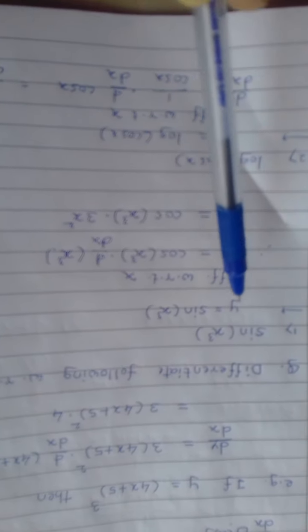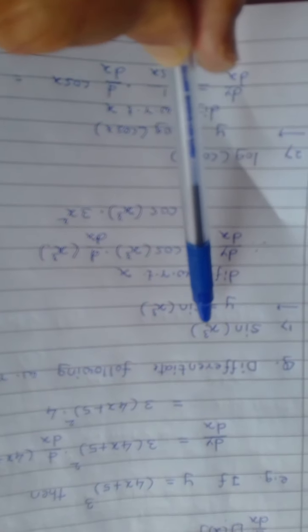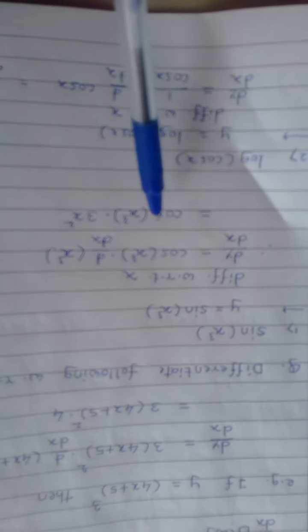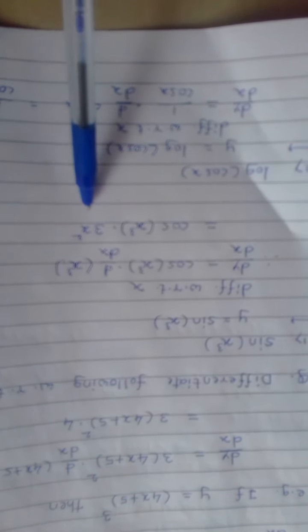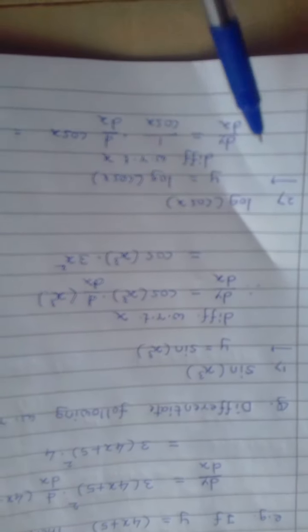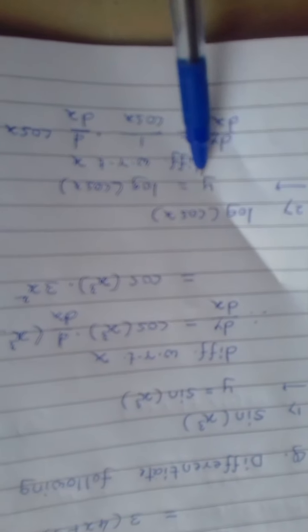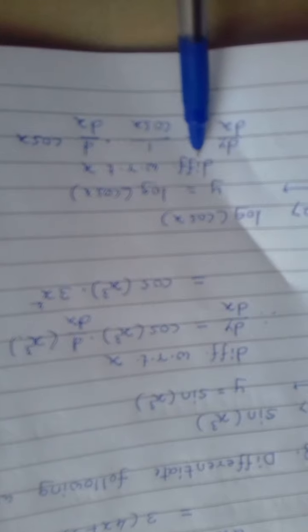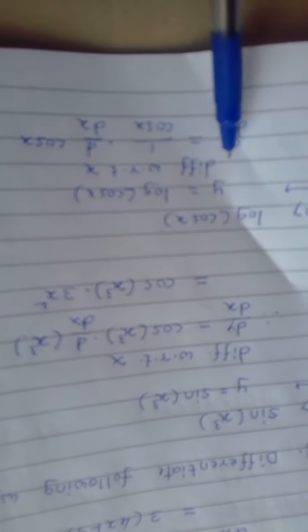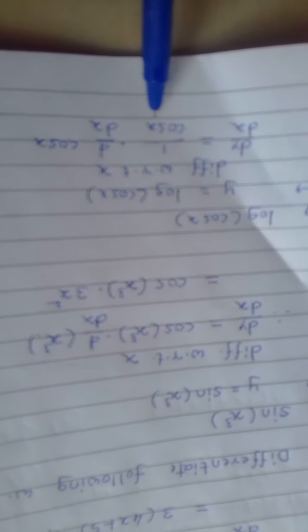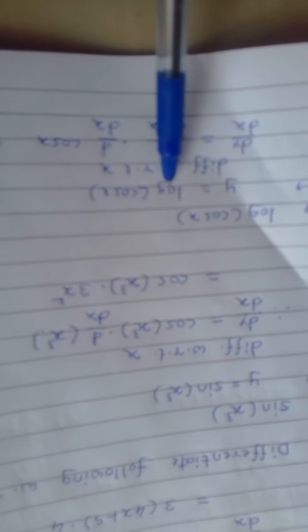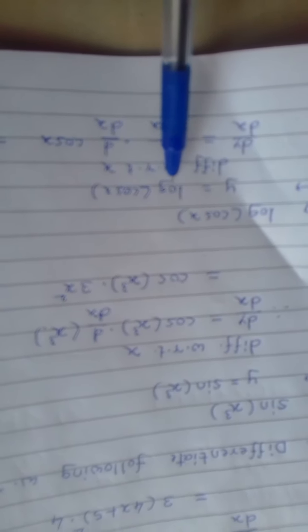Therefore d by dx of sine of x cube is cos of x cube into 3x square. Second example, log of cos x. At first y is equal to log of cos x. Now differentiate with respect to x, therefore dy by dx is equal to, again see here the standard function is log, and we know that the derivative of log x is 1 upon x.